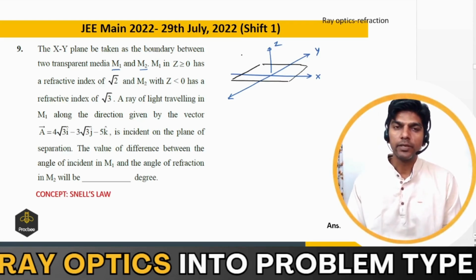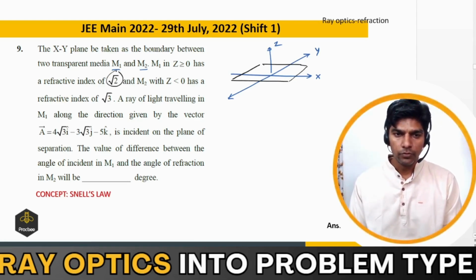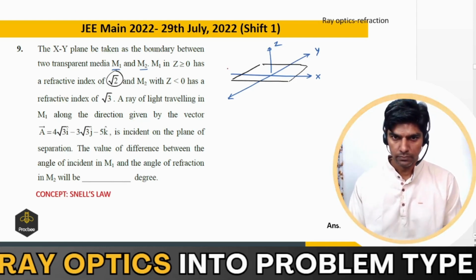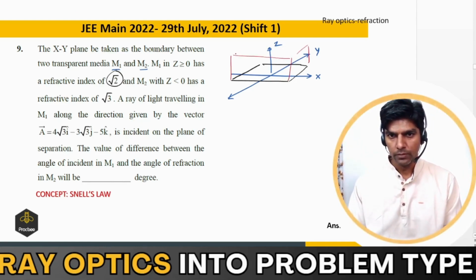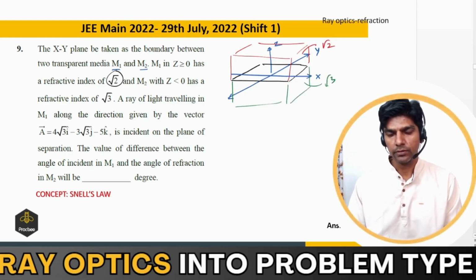So above this plane, the refractive index is root 2, and below this plane, the refractive index is root 3. Let me show. So here the refractive index is root 2, and below that the refractive index is given as root 3.